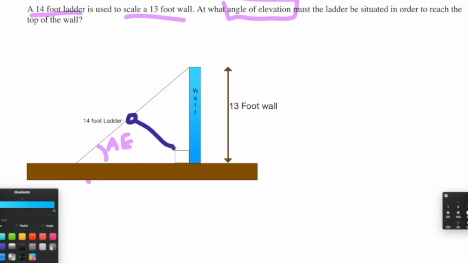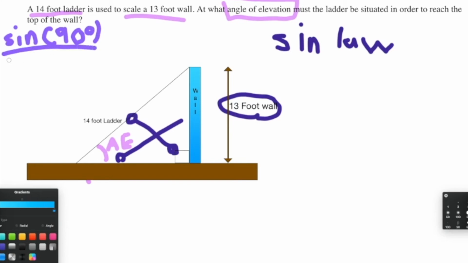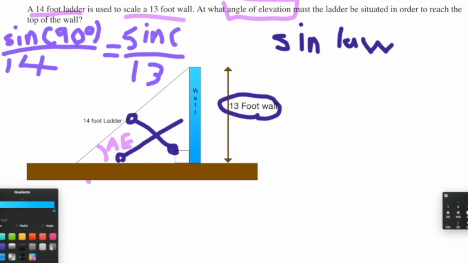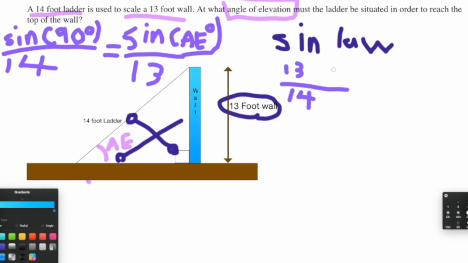Looking at the properties of this triangle, I've noticed that we can use the previous laws, the sine law. So we can write it as sine 90 over 14, the 14-foot ladder, and sine of the angle of elevation over the 13-foot wall. We can simplify it by writing it as 13 over 14 times sine 90, which is 1, equal to sine of the angle of elevation.